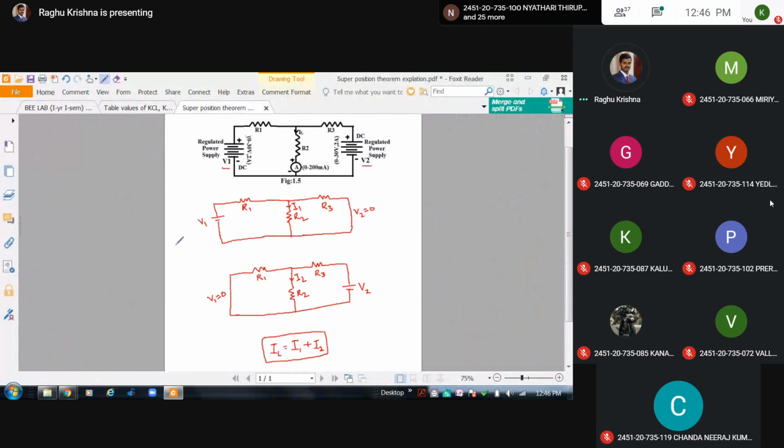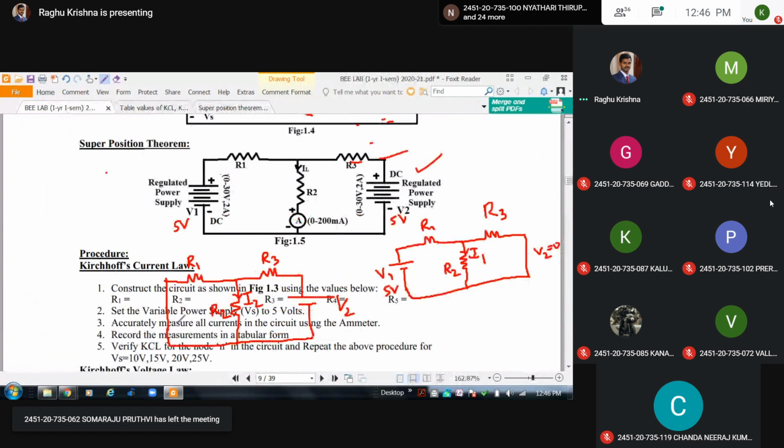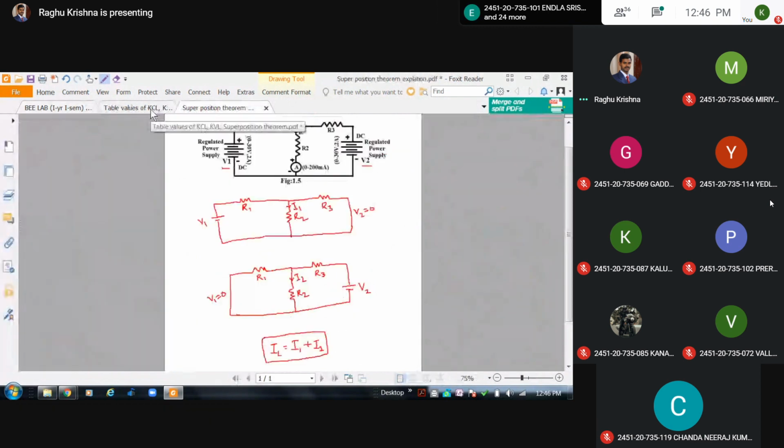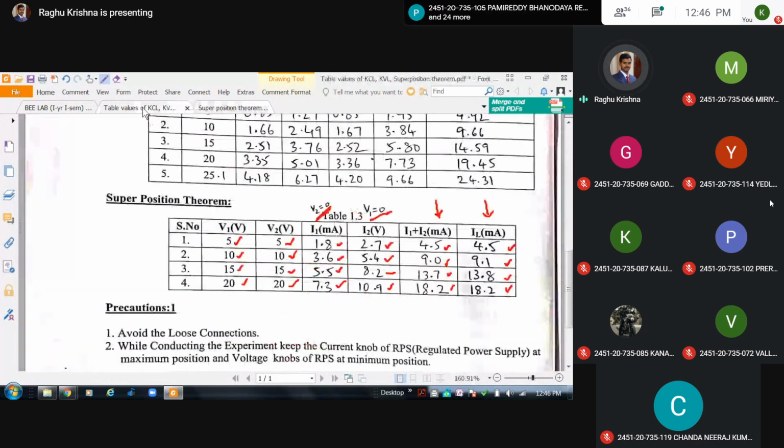So how are you going to get this I1 using this circuit?